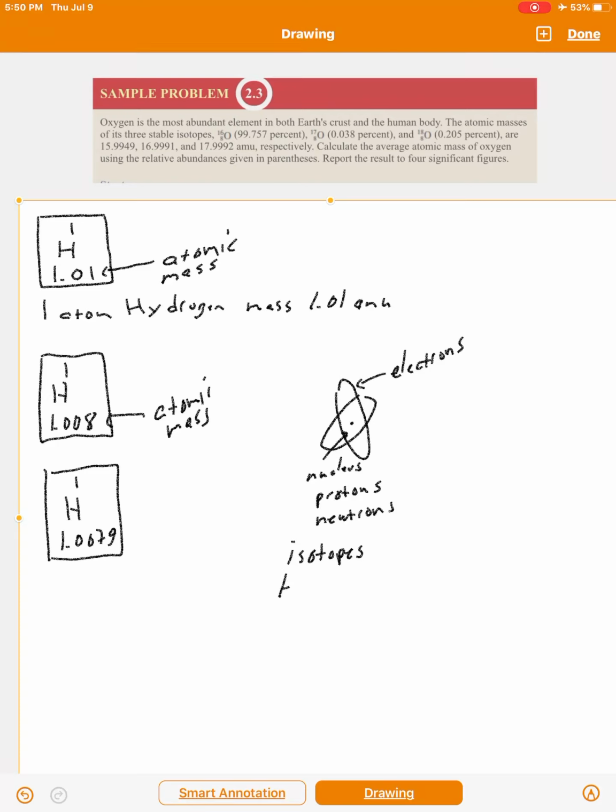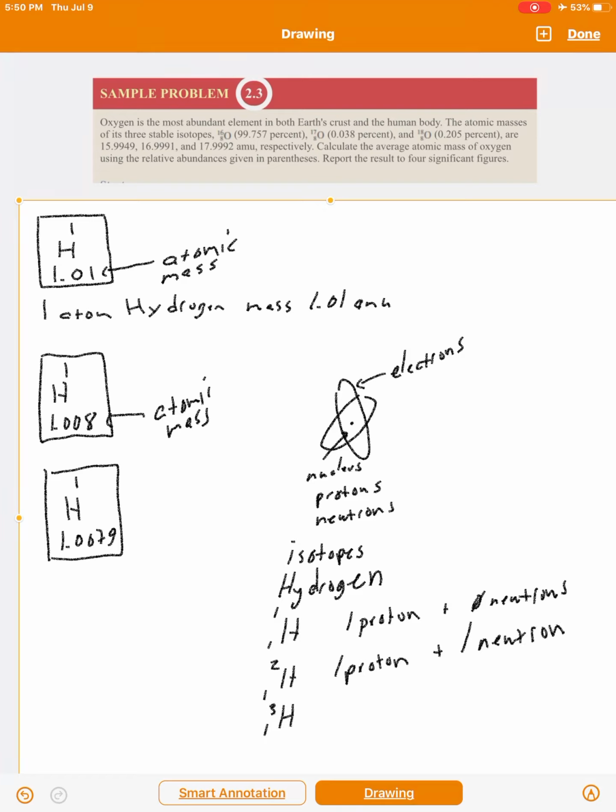So for example, for hydrogen, there are 3 isotopes. Hydrogen 1 has 1 proton plus 0 neutrons. Hydrogen 2 has 1 proton plus 1 neutron.